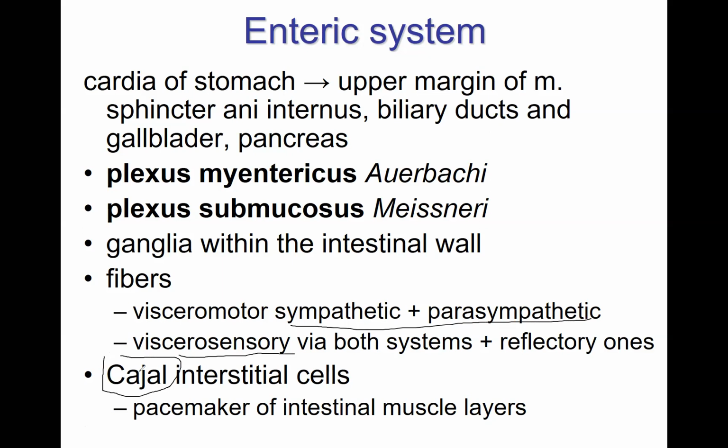Yeah, like the sinoatrial node is the pacemaker of the heart. Here we have the Kachlík interstitial cells. So this information we've already got during GIT.